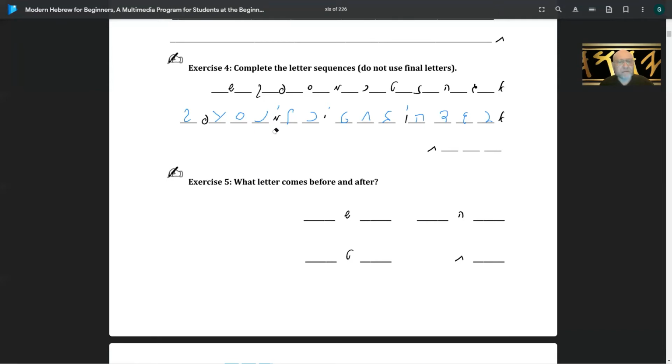Let's see here. We got Mem, Noon, Samek, Ayin, Tet. Zadi. I think that's Zadi. This is where I may have messed up. Tet, Zadi. No, it's not really very good Zadi, is it?